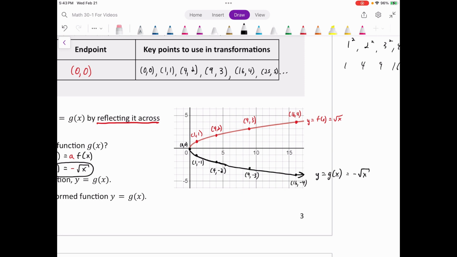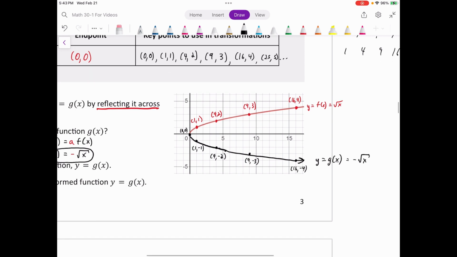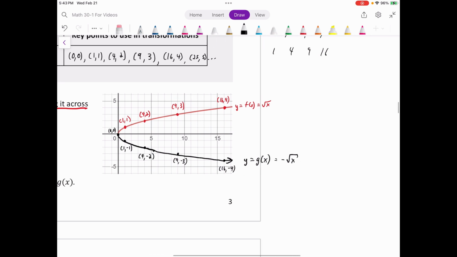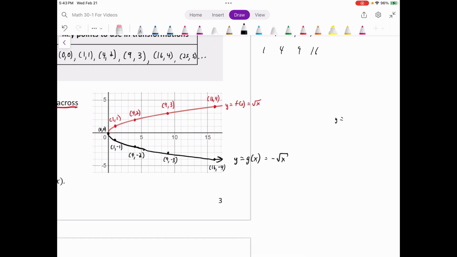Notice something kind of interesting here that we actually did encounter earlier in the course. Remember when we were taking the inverse of parabolas? Like if we had y equals x squared, we swapped x and y, and then we solve for y, we square rooted both sides. Since we're taking the square root, we have to remember that it could be plus or minus. And we ended up with something that looked a lot like this when we took the inverse of those parabolas.